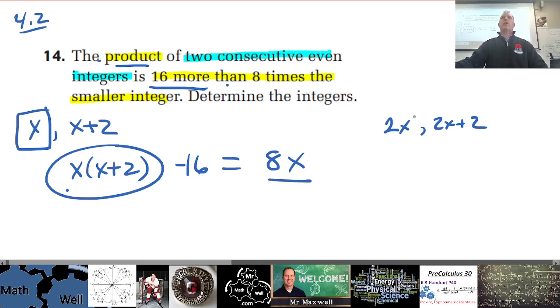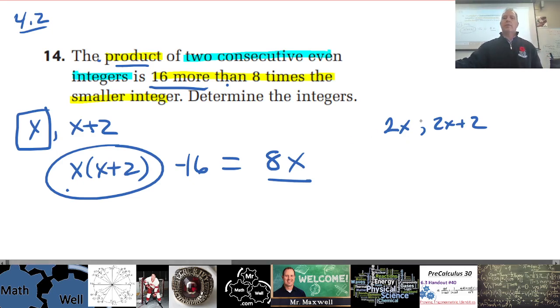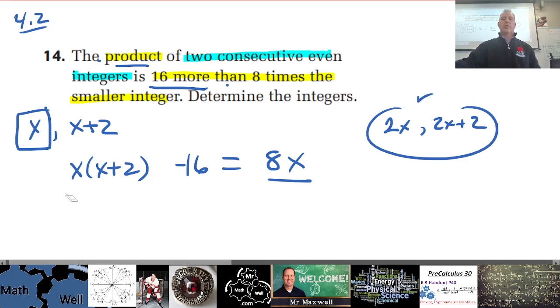So we're not having to prove it algebraically. We don't have to let our quantity be 2x. We can let it be equal to anything, but with your base one, just start with one variable. This will work as well, but you can just do x and x plus 2. Okay. But good question though.